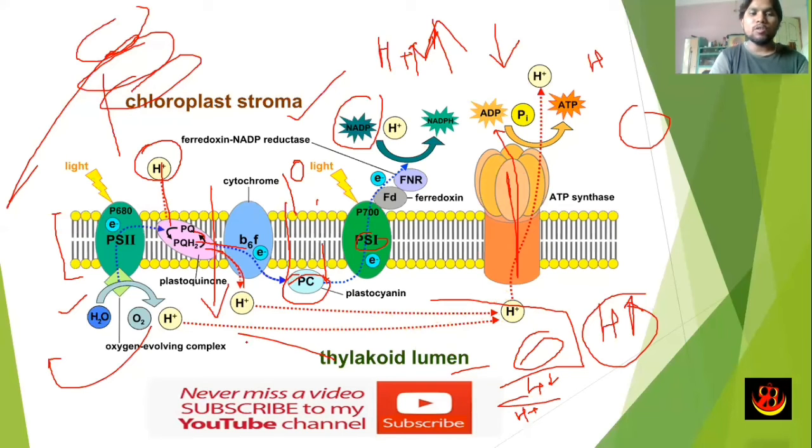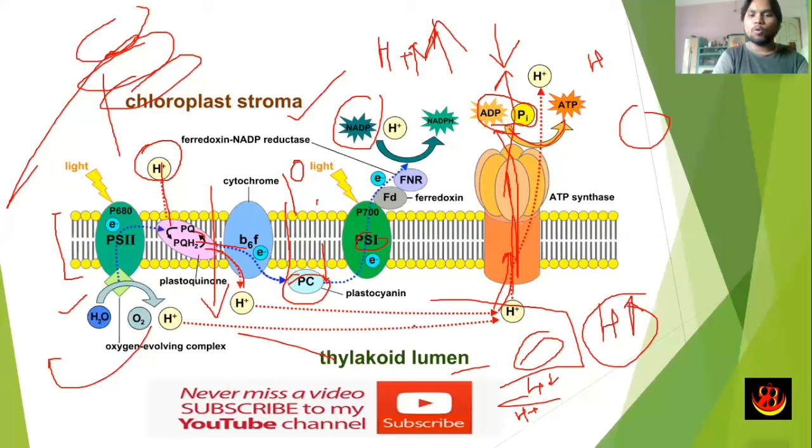It works because of this proton ion concentration force. This is known as the proton motive force. These protons give a force to this ATP synthase complex while passing to the stroma. This force helps the ATP synthase to bind ADP to inorganic phosphate and produce an ATP molecule.